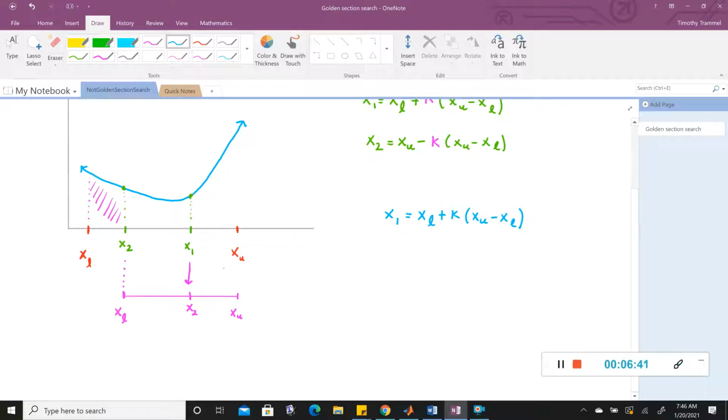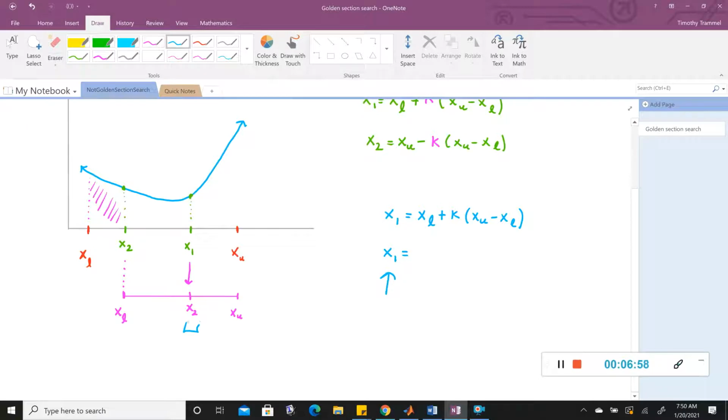Now we're going to have another equation here for x1.